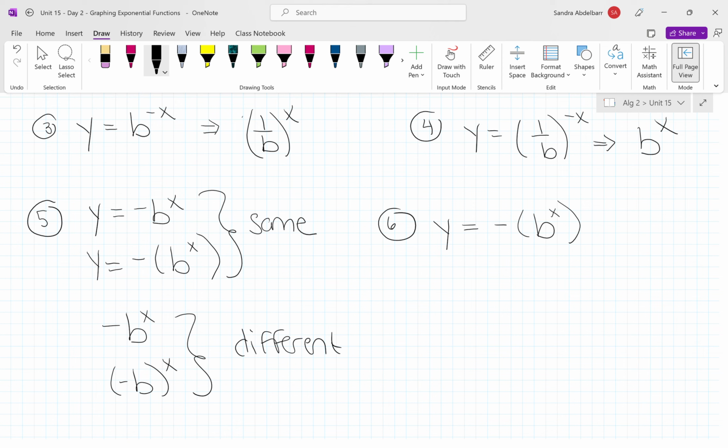We're flipping it over the x-axis. It's like a reflection. It's a reflection of y equals b to the x. You got it. That's what it is. All right, let's look. I'm going to show you.